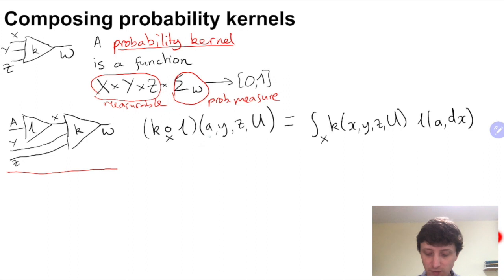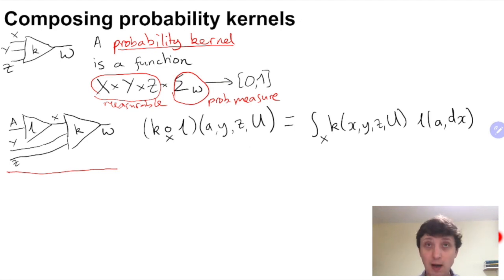But those parameters are different now. They're the parameter for L together with the other parameters Y and Z for K. And the way that we combine these two things is by integration. Measures allow us to do Lebesgue integration, and so that's how we combine 2 probability kernels.